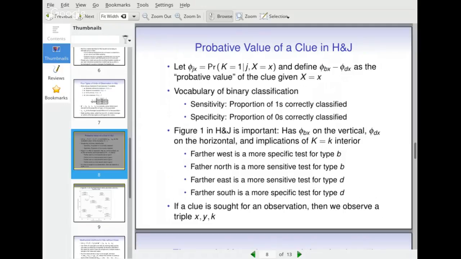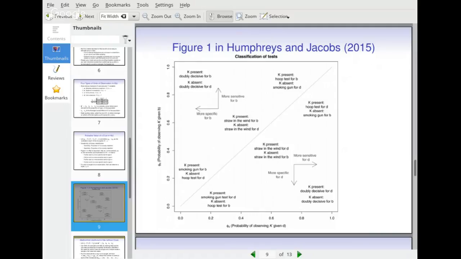I'm going to skip ahead to this figure from Humphreys and Jacobs, which is a really important one and tells the story of this. Let's say we have some clue that we have data on, and on the horizontal axis we have phi D, let's say X is equal to 1, it doesn't really matter, phi D 1. On the vertical axis we have phi B 1. So D is on the horizontal, B is on the vertical.